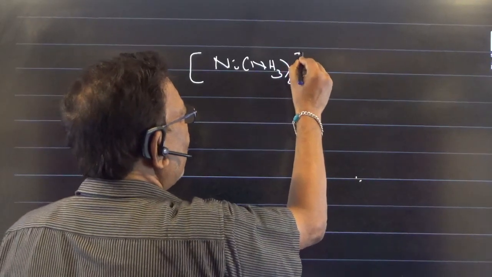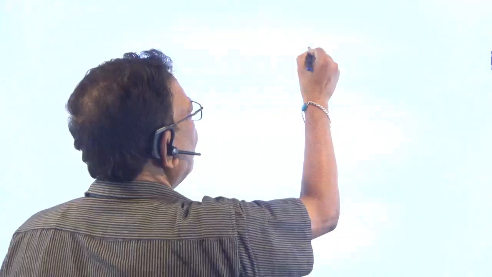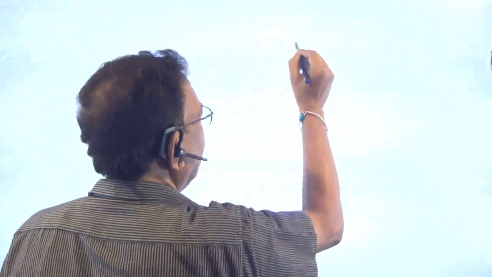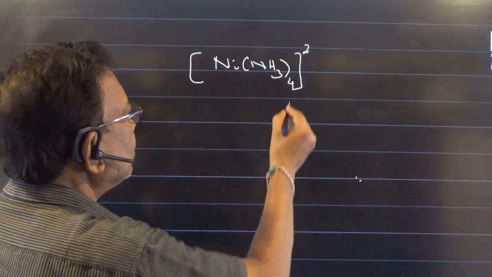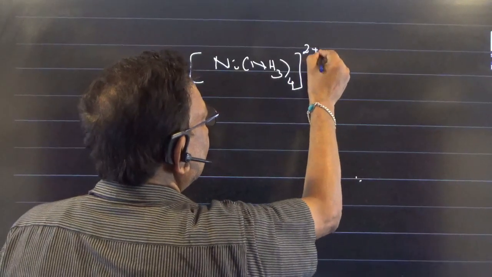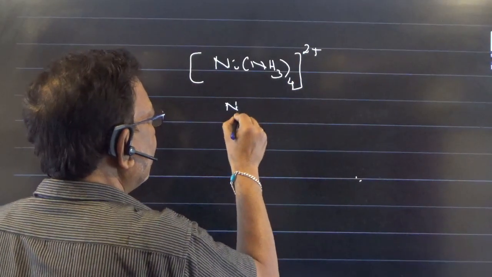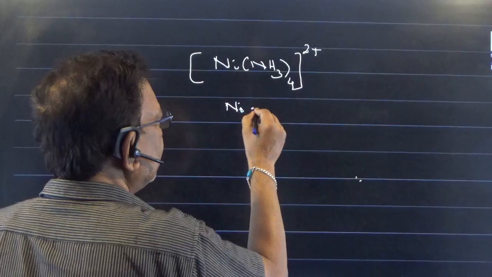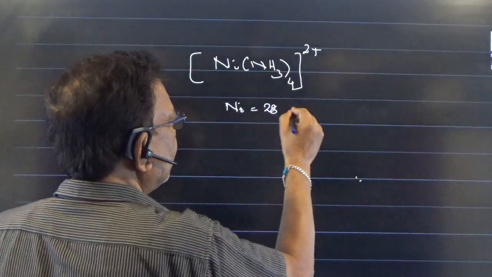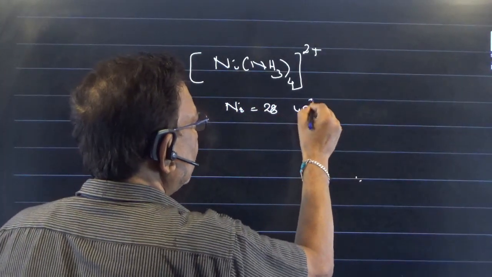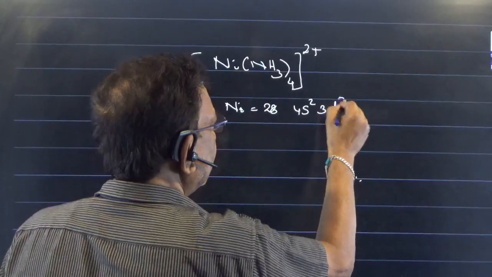Ni(NH3)4 2+. Our nickel atomic number is 28, so 4s2 3d8.